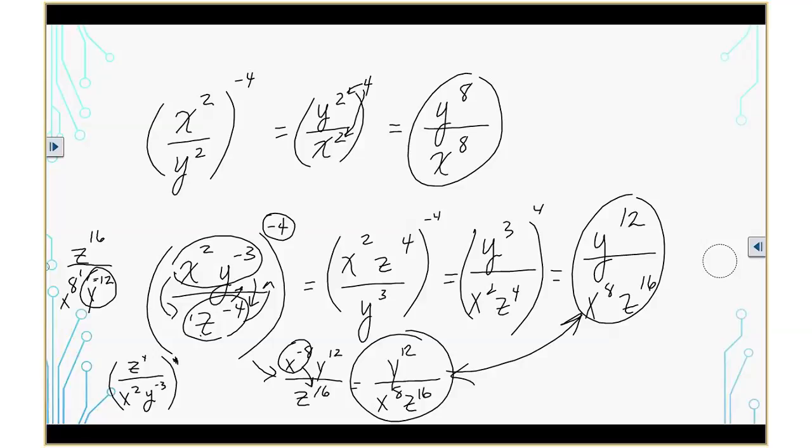Oh, this is supposed to be negative 4, and x squared, there it is. That is negative 16. When you bring that down and bring this up, you get y to the 12th over x to the 8th, z to the 16th, which should be like that. There we go.